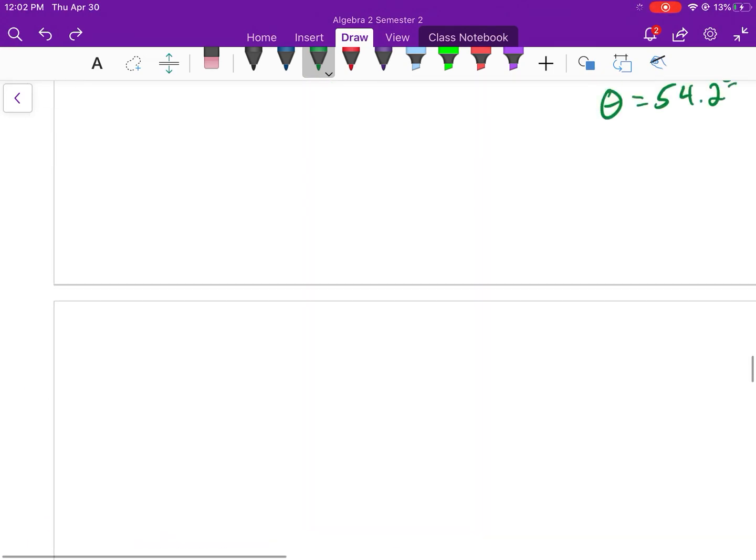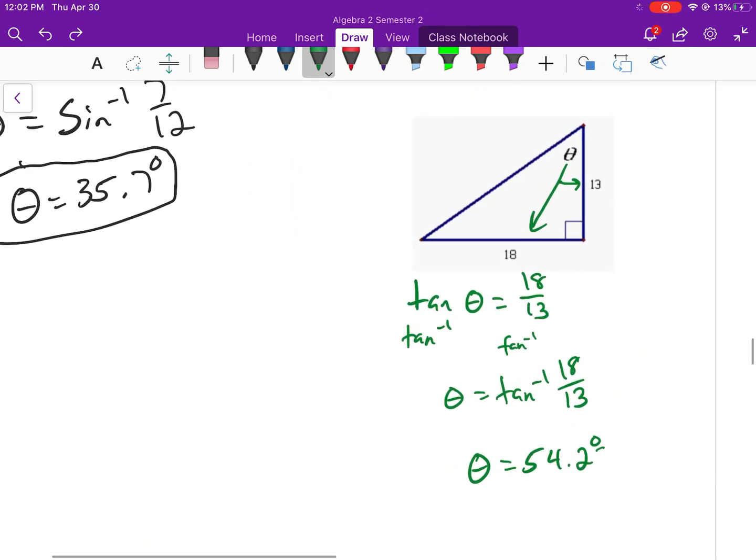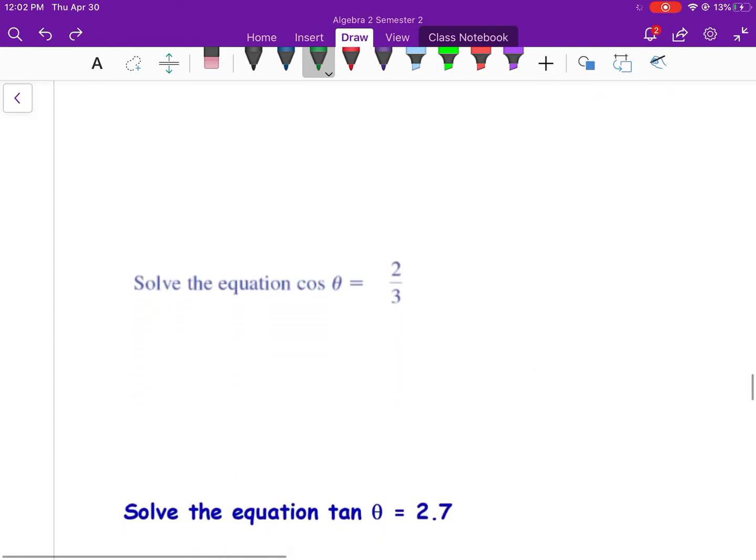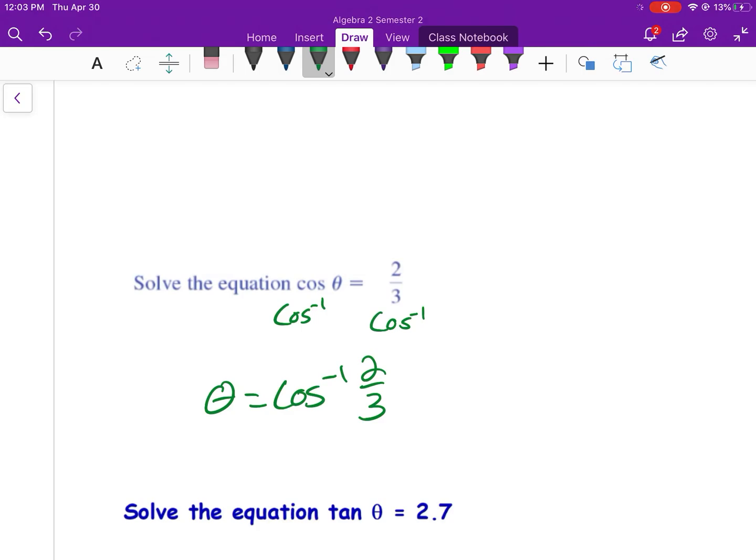So now same thing here, solve the equation. That's exactly the equation we came up with given the triangles up here. So to solve for this equation, find theta, you're just going to take the inverse cosine of both sides. So theta is equal to inverse cosine of 2/3, which, typed into your calculator, you get 48.2 degrees.